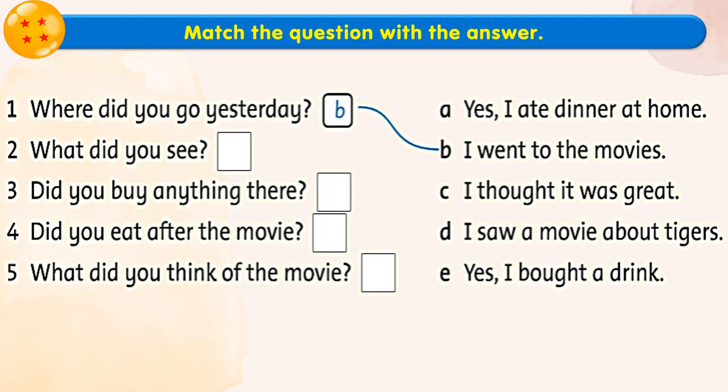I saw a movie about tigers. D. I saw a movie about tigers. Number 3. Did you find anything there? Yeah, I bought a drink. Did you eat after the movie?